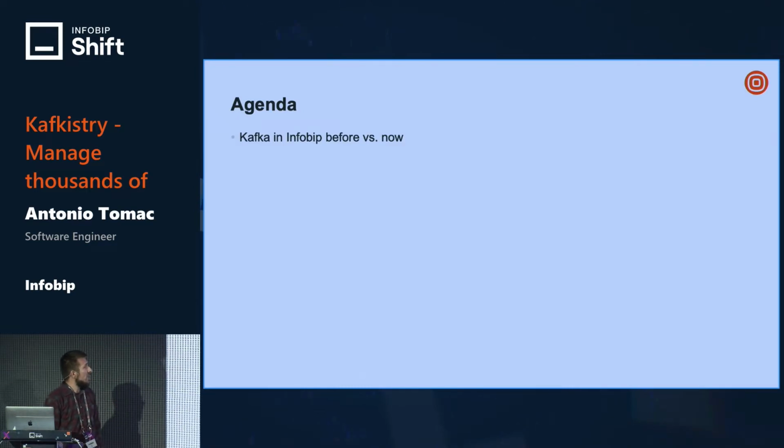And this presentation will contain a comparison of how we did things and how we operated over our clusters before we had Kafkistry, in comparison to how we do it now.